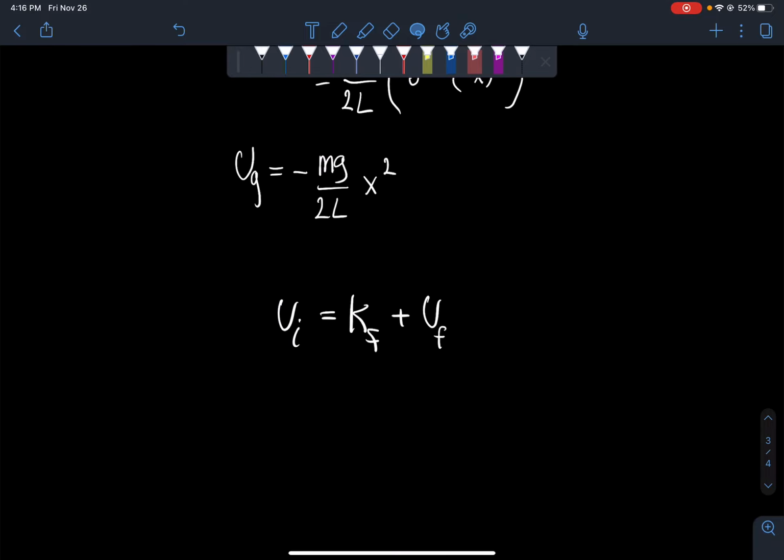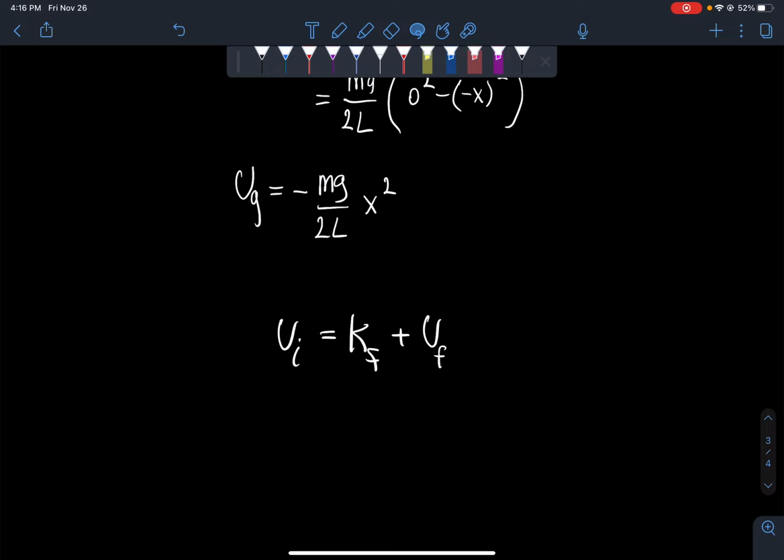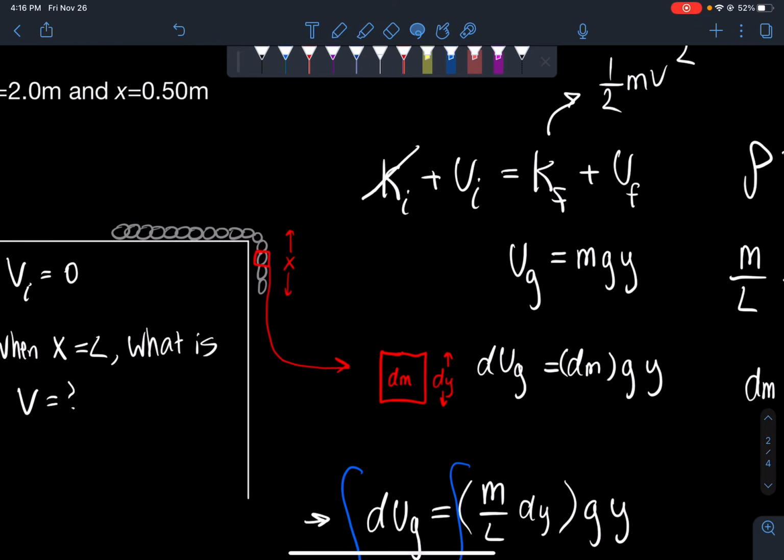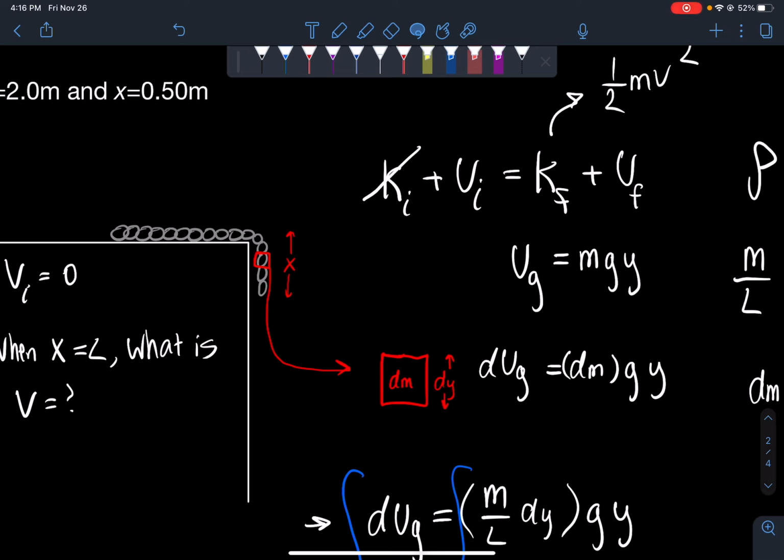So the initial potential energy is going to be, well, this x squared, initially it's just like this. The x squared, of course, stands for the length that is hanging off. So initially, x is just x, right?